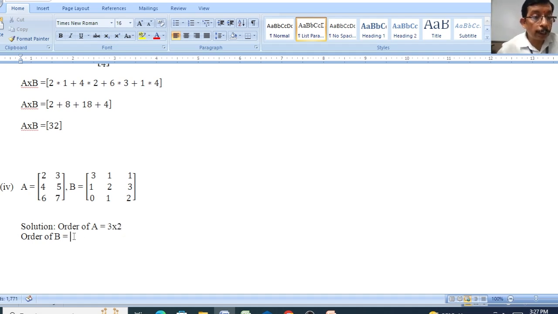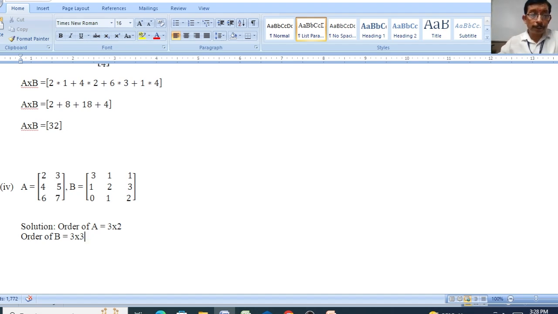Order of B, what is the order? 3 rows by 3 columns. The number of columns in matrix A is 2, the number of rows in matrix B is 3, which is not equal. Then the multiplication is not possible.